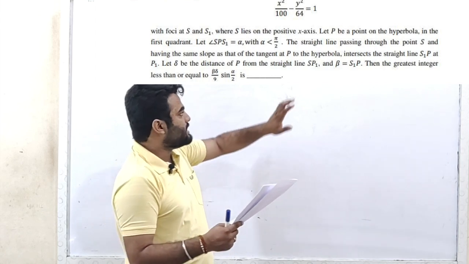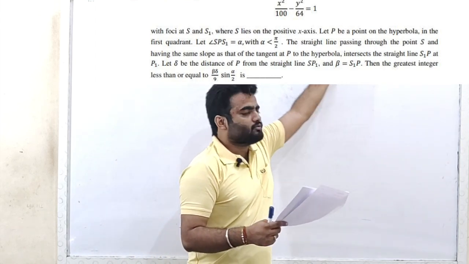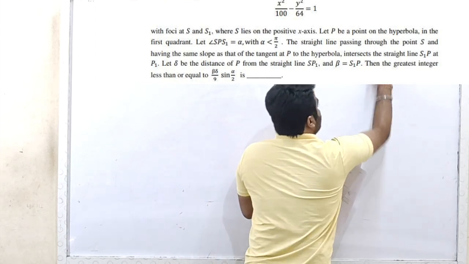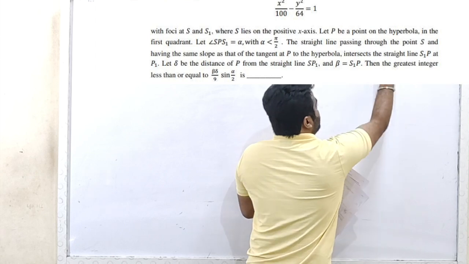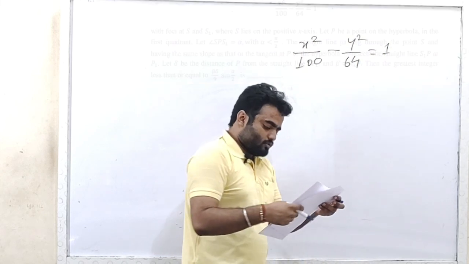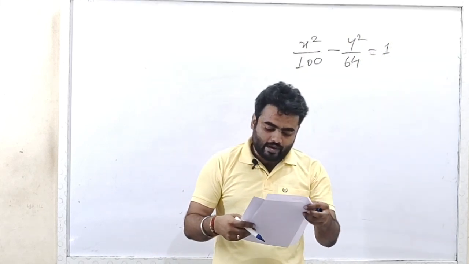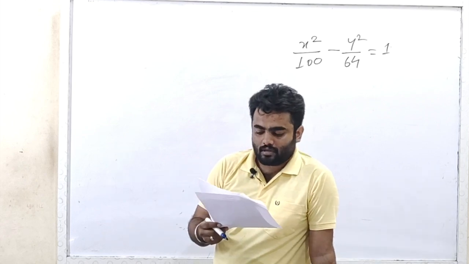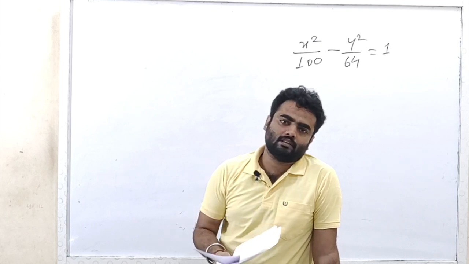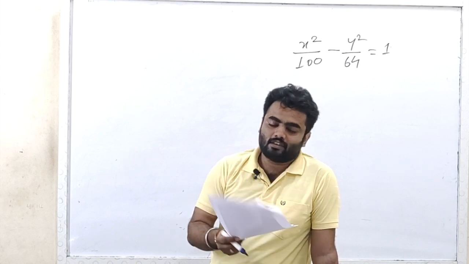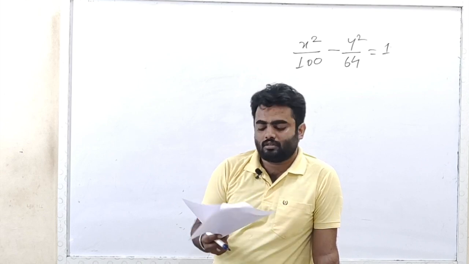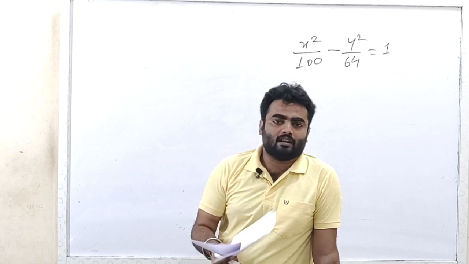So here the given hyperbola is x square upon 100 minus y square by 64 equals 1. First let's try to find out what the diagram of this question looks like, because obviously this question is of conic sections, and for questions related to conic sections you must approach all the concepts through the diagram only.